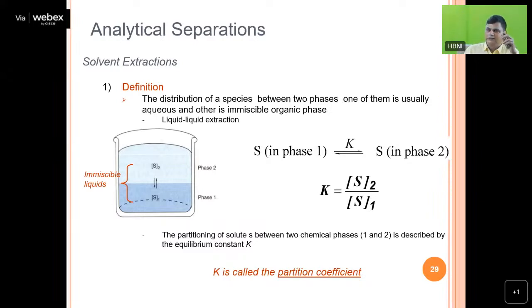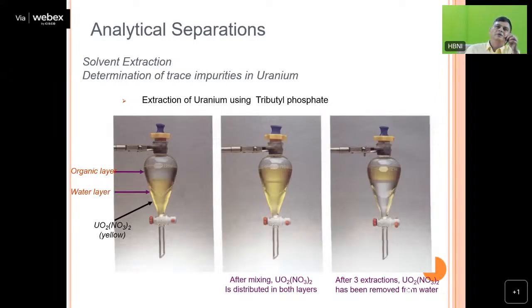For this, we take the example of uranium. In a uranium sample, I have to analyse trace elements like iron, aluminum, zinc, and other elements present in traces, whereas uranium is present as the bulk material, more than 99%.